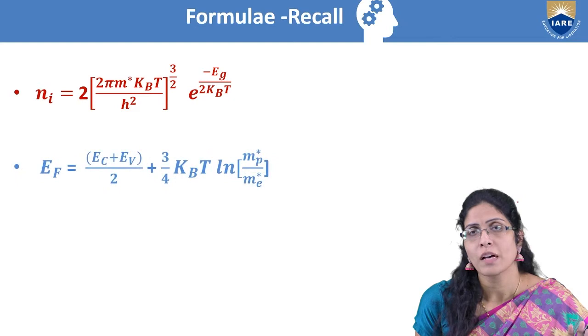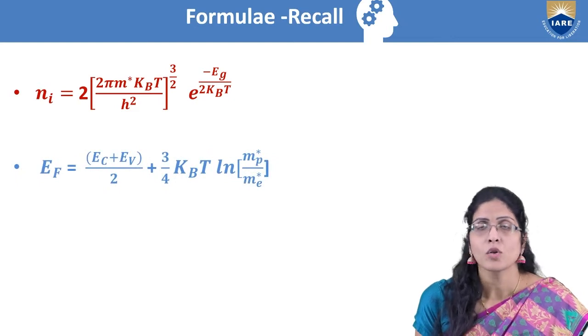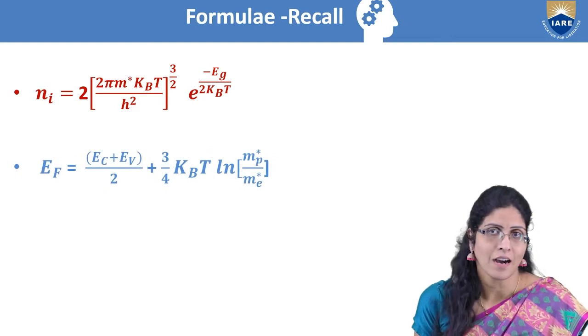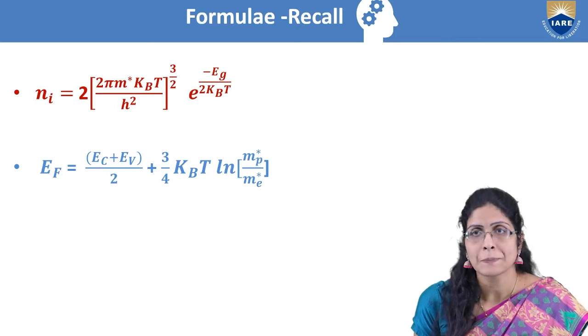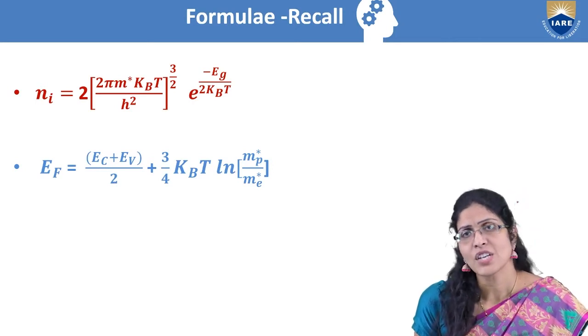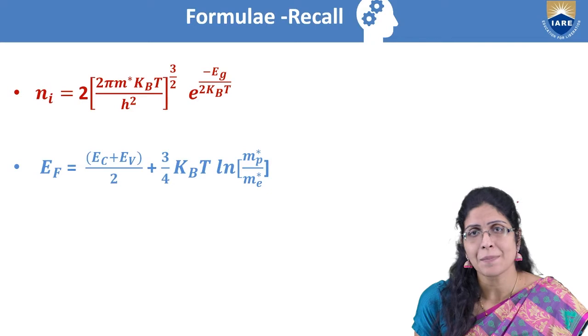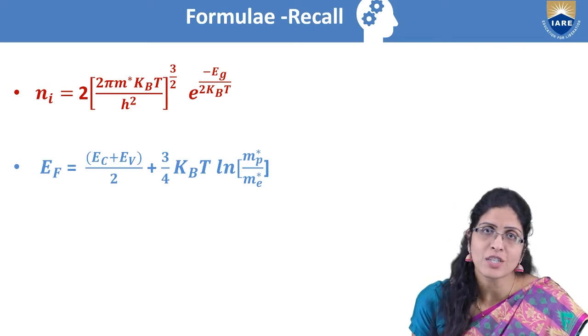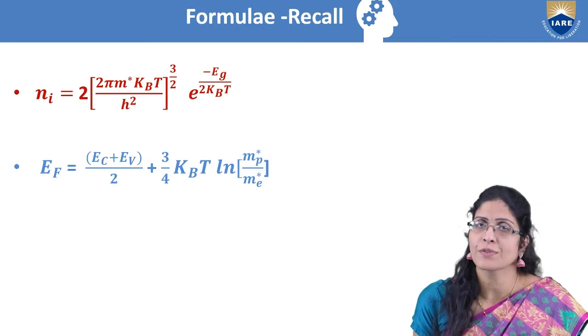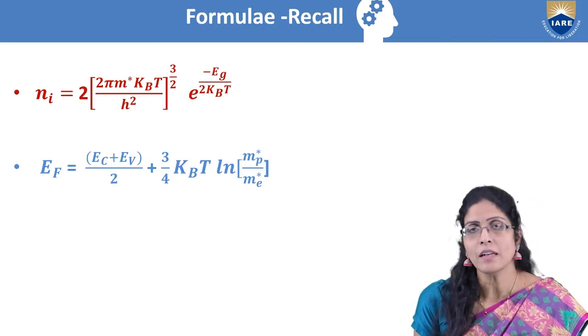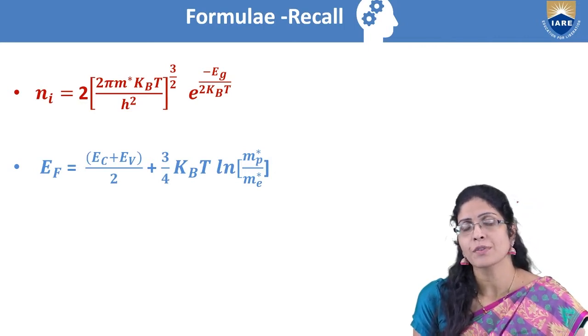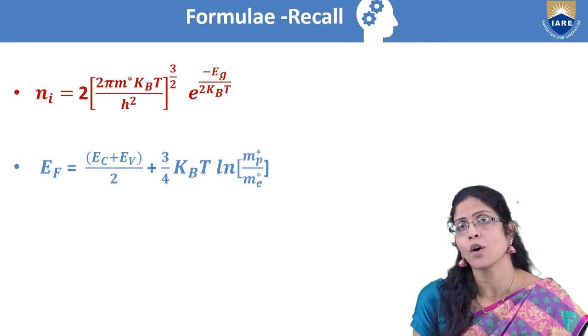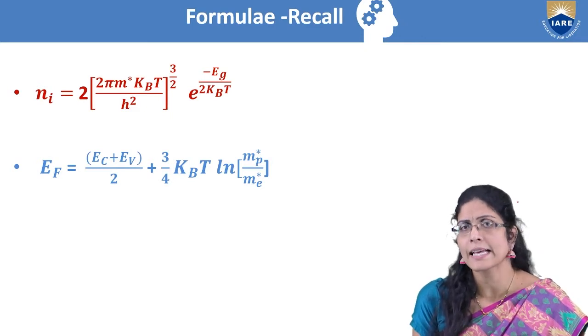Then comes the formula for the Fermi level. If the Fermi level is asked, giving the energy gap, then the energy gap is equal to EC plus EV by 2, so you can substitute in that. And if there is a shift in the energy gap, you have to consider that shift in terms of the Fermi level shift with respect to the upper level of the valence band, which you commonly take as EV.